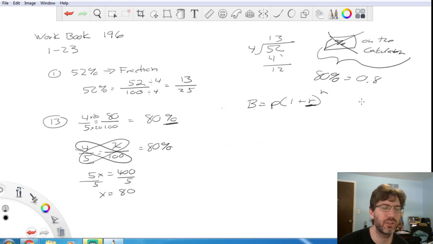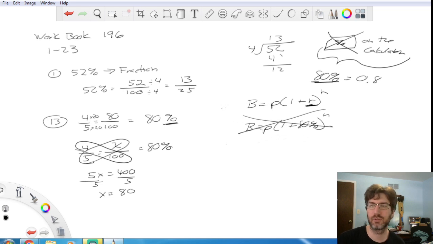This here is your percent that you put in. If you put that in as 80%, it's not going to work. If you type in balance equals principal times 1 plus 80% to the n, this does not work. That needs to be a decimal.